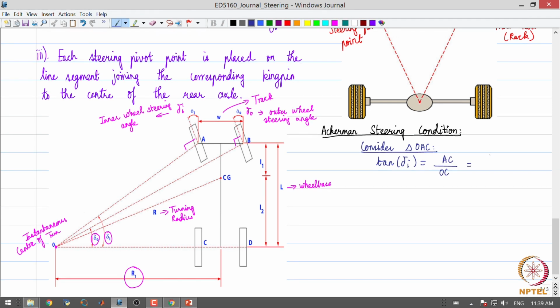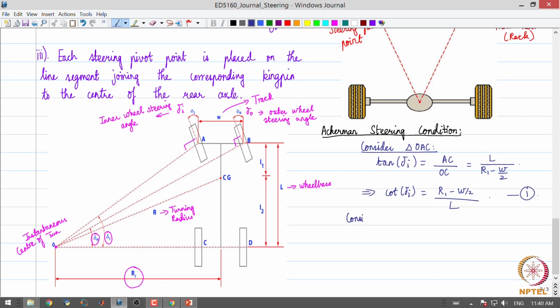AC is the wheelbase L, and OC is R1 minus W by 2, since we subtract W by 2 from R1. So cot delta I is going to be equal to R1 minus W by 2, divided by L. Let us call this equation 1.